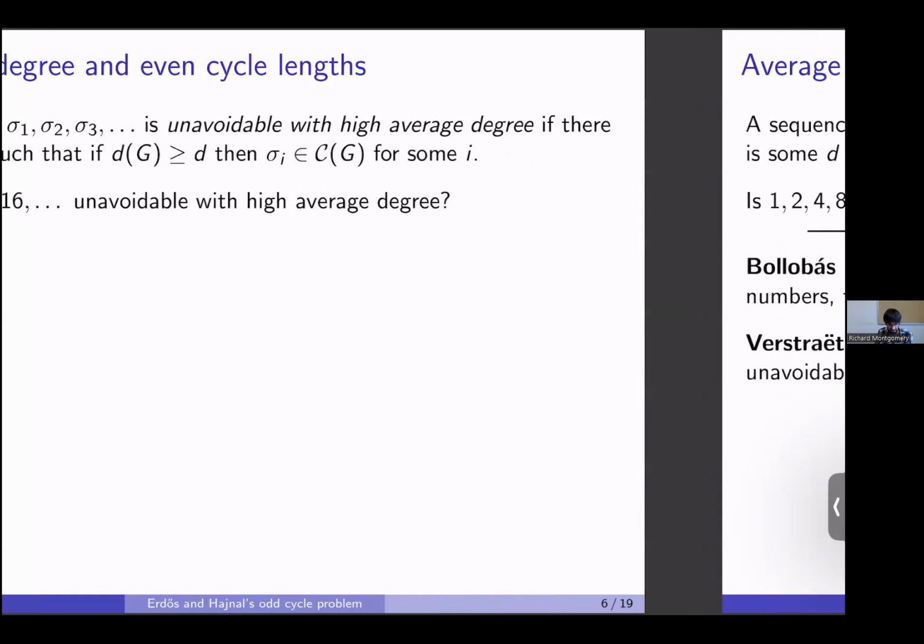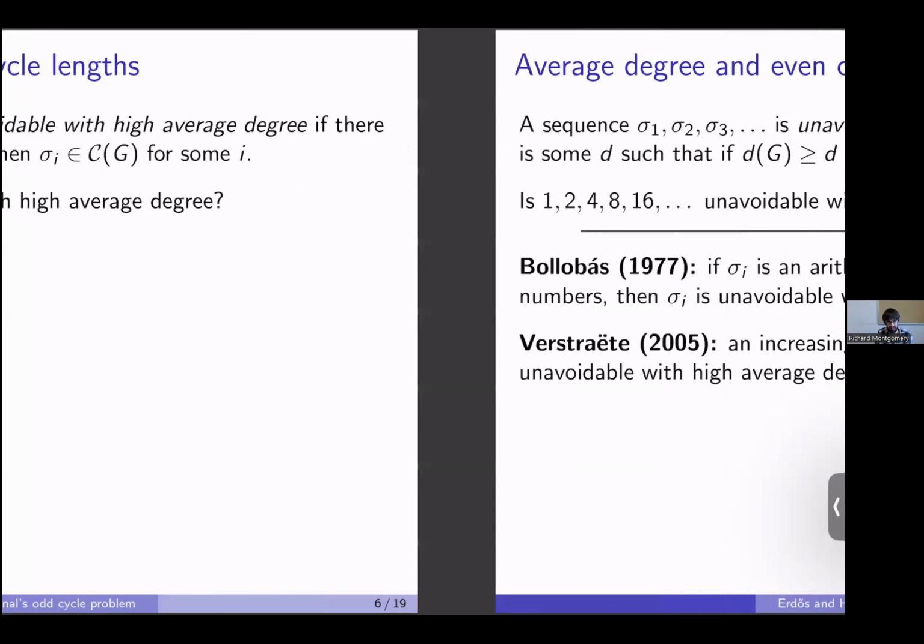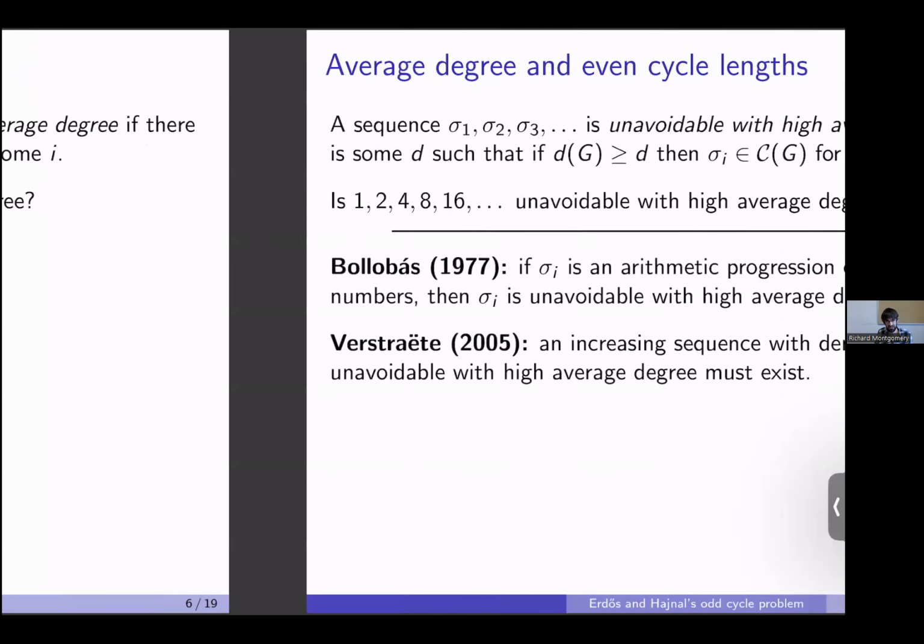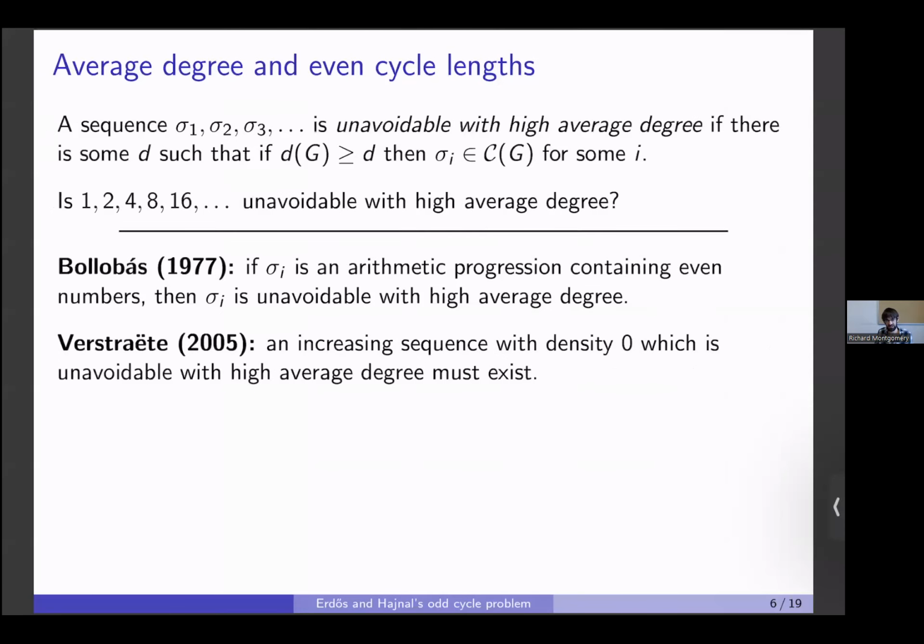We have an early result of Bollobás in the 70s that says if this is an arithmetic progression containing even numbers, then it's unavoidable with high average degree. Obviously, again, we need to be even numbers. And that's really quite a dense sequence compared to ones we want to consider.